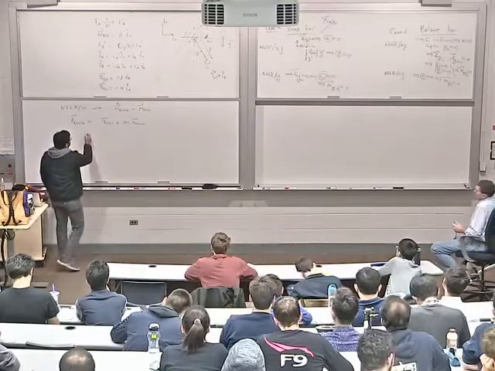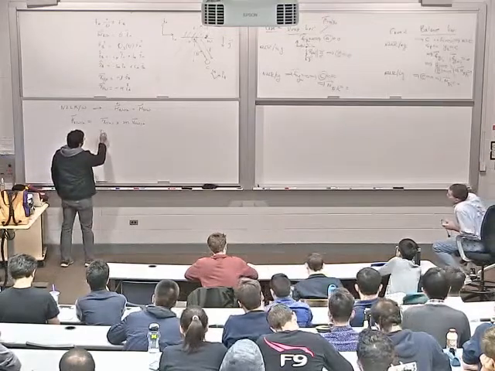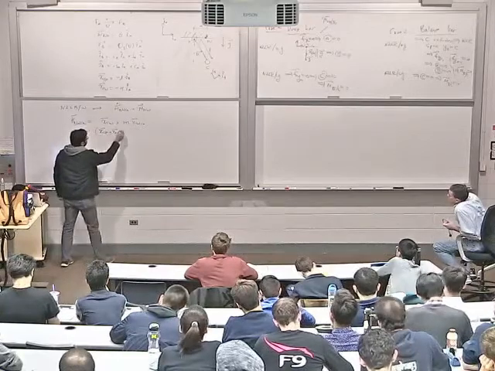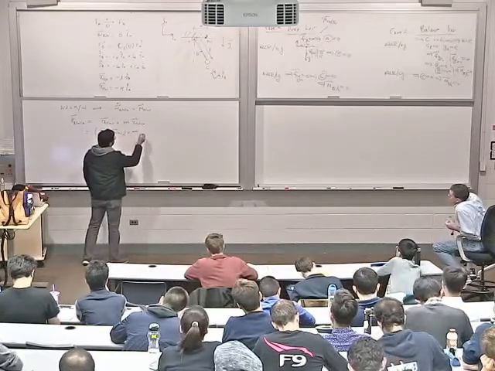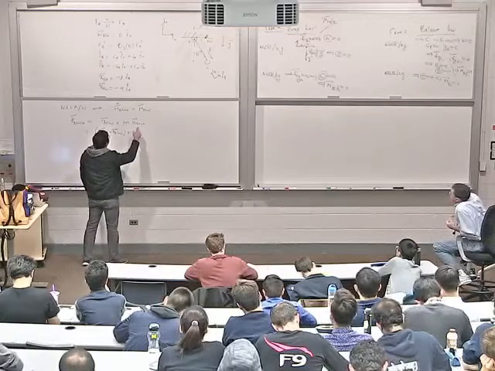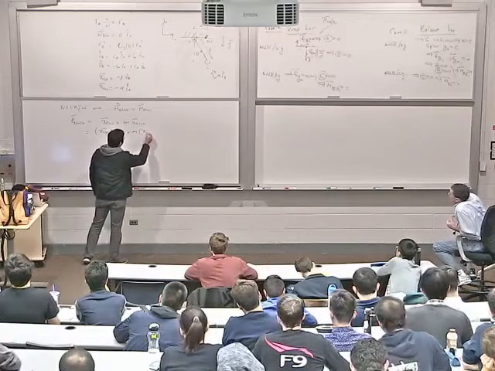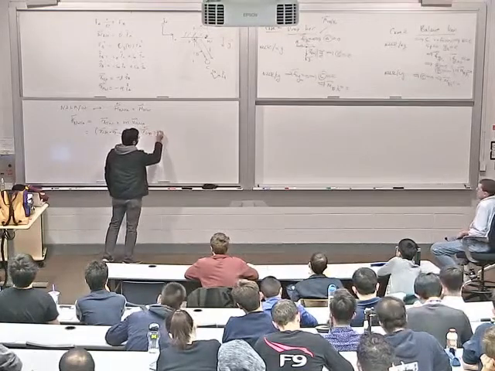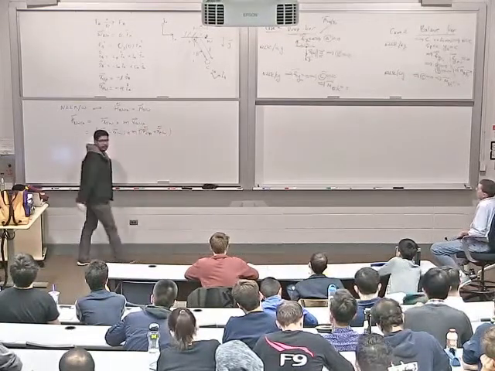So what is RCW? RCW is RCP plus RBW, crossed with M. VCW is going to be RCP A dot plus RBW A dot. Okay?